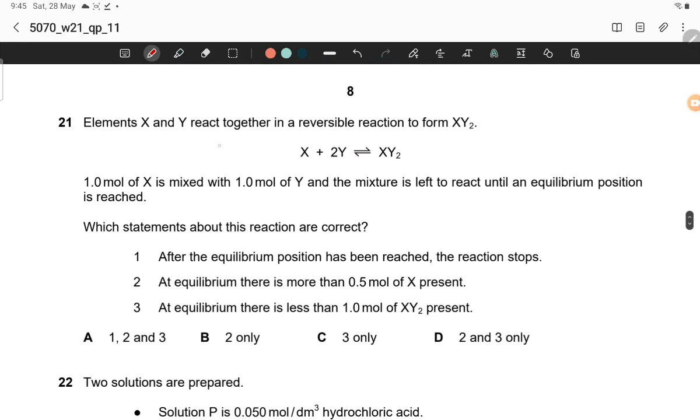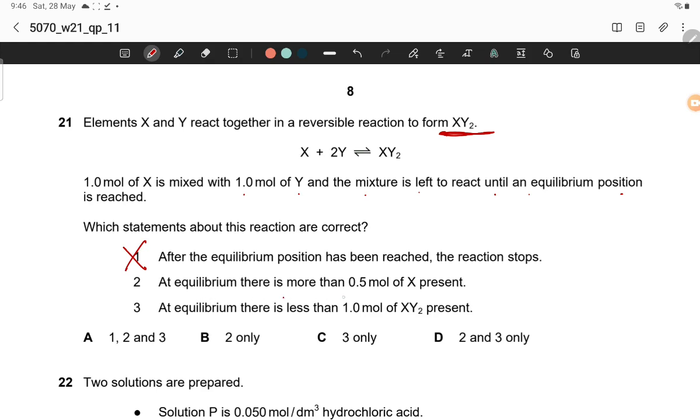Element X and Y react together in a reversible reaction to form XY2. 1 mole of X is mixed with 1 mole of Y and the mixture is left to react until an equilibrium position is reached. Which statements about this reaction are correct? After the equilibrium position has been reached, the reaction stops. No, this is incorrect because the reaction is going to continue. It is a reversible reaction.